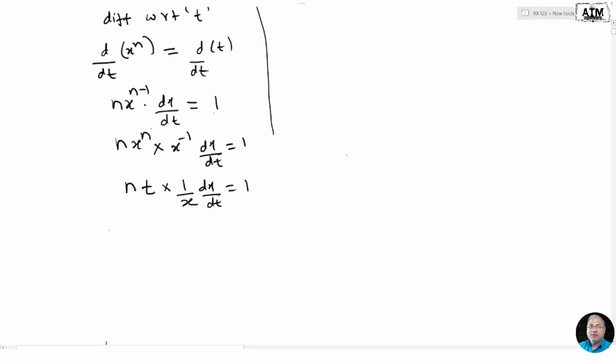And in place of x raised to n, we can write t, because we already made a supposition that x raised to n equals t. So we got 1 upon x dx equals 1 upon nt dt.